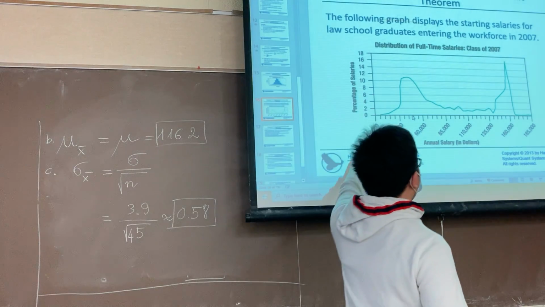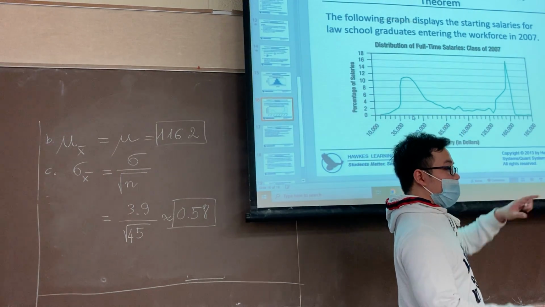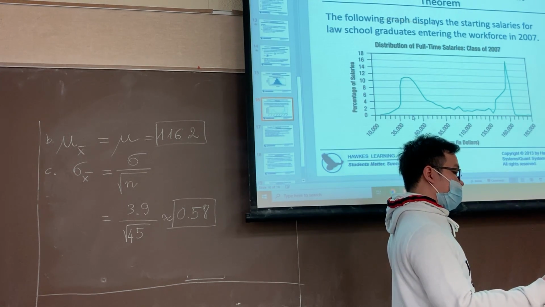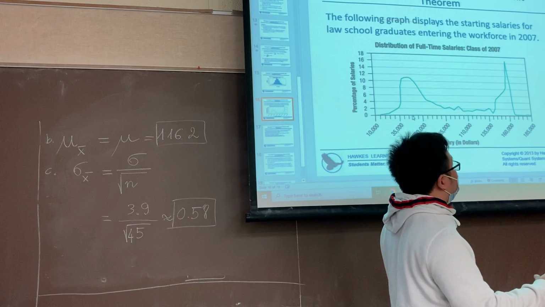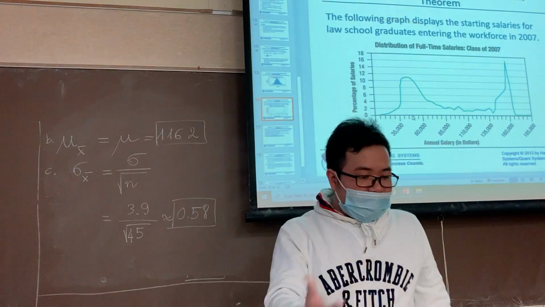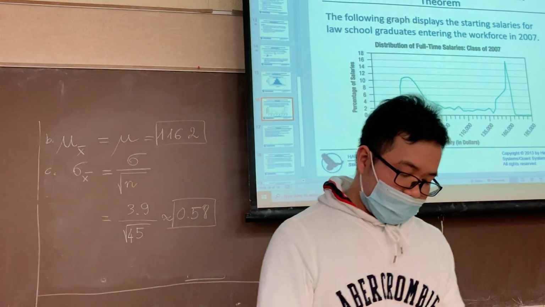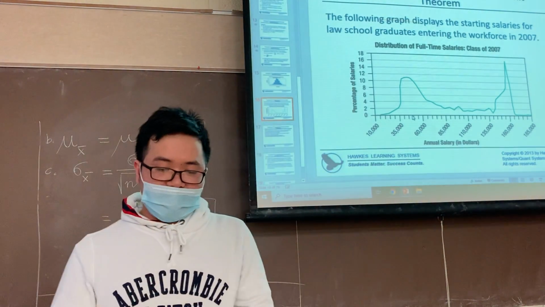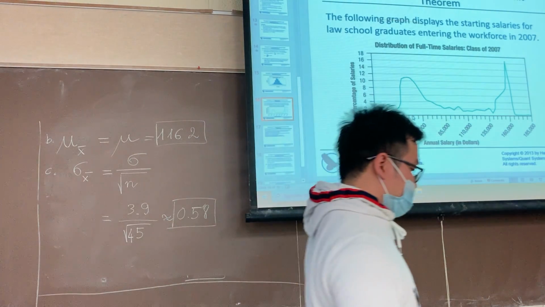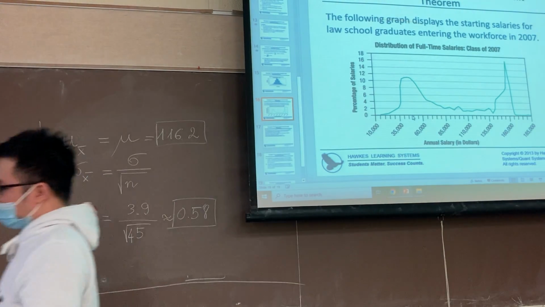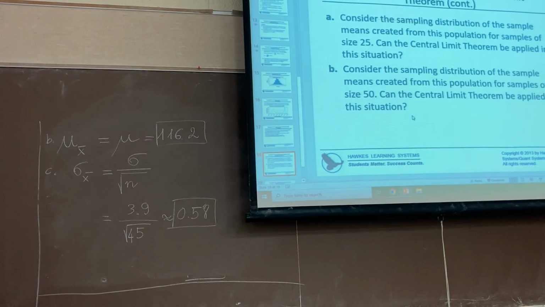The sample size is not greater than 30, and the population is not bell-shaped. Be careful when explaining the reason: both conditions are not satisfied, not just one. In this case, the central limit theorem cannot be applied.